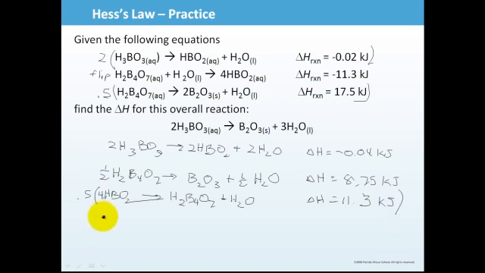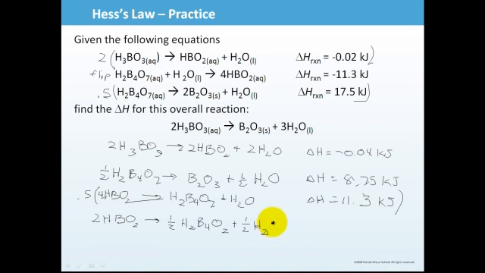Okay? So when we multiply that by the 0.5, we now get 2 HBO2, and that's going to yield half of the H2B4O7, half of a water. And again, remember we're talking moles here when we're dealing with these halves.